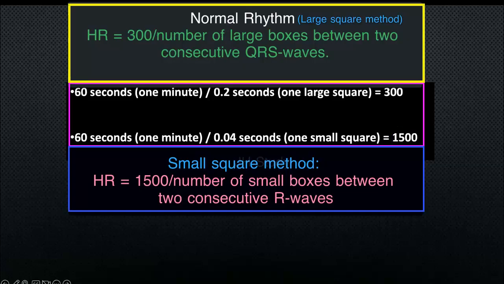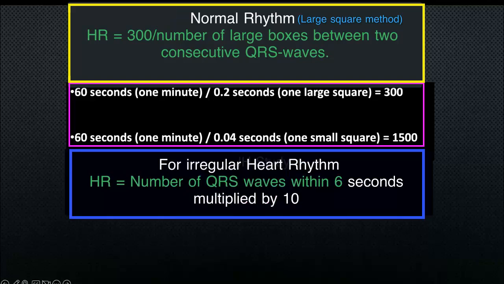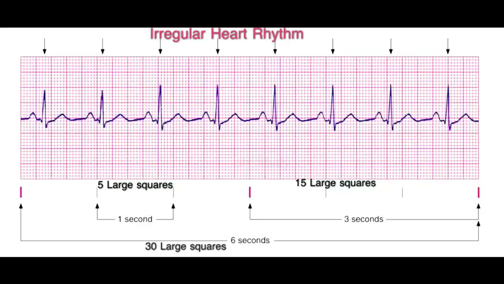This is the normal rhythm formula. The rate equals 300 divided by the number of large square boxes between two consecutive QRS complex waves. If it is an abnormal rhythm, the heart rate equals the number of R waves in 30 large square boxes multiplied by 10.